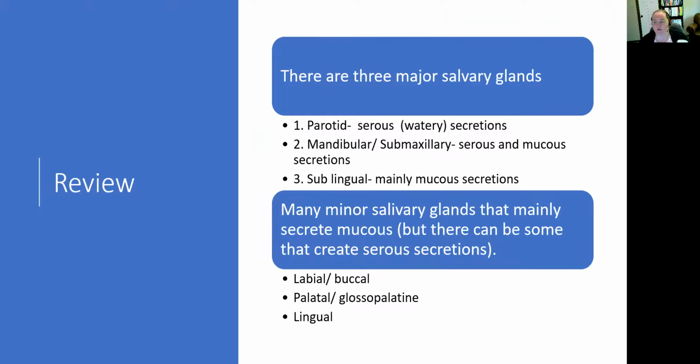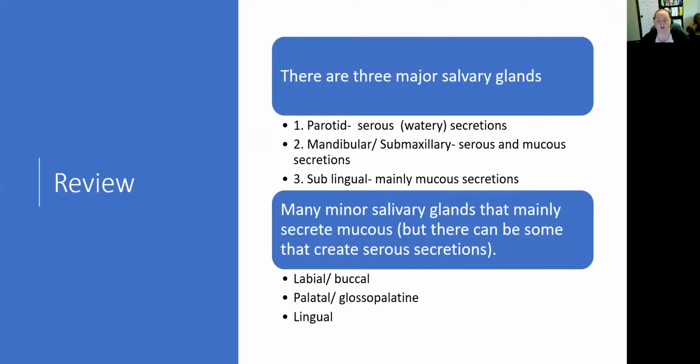So in review, there are three major salivary glands. If you guys recall from your anatomy course, right? The parotid is going to be our serous or watery secretions. So it's going to be our serous acini. Then we have our submandibular, sometimes referred to as submaxillary.